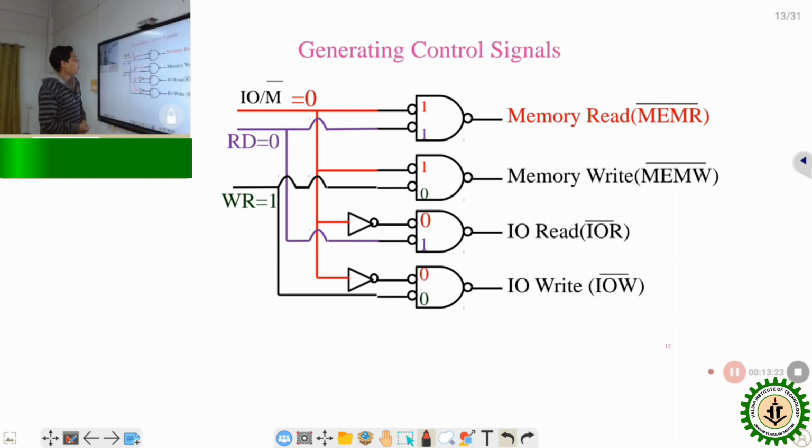And the next important signal is the IO/M bar signal. As the microprocessor accesses both memory devices and IO devices, whether the processor is accessing memory or an IO device is indicated by the signal IO/M bar. Here IO is active high, whereas M bar is active low.